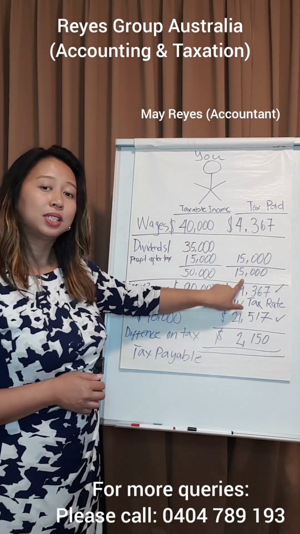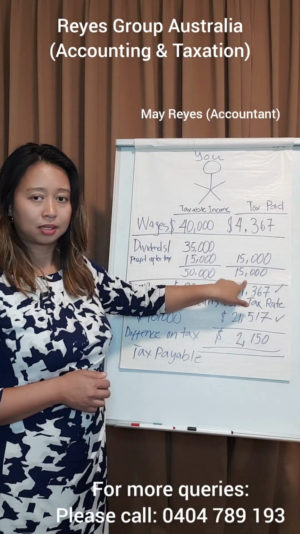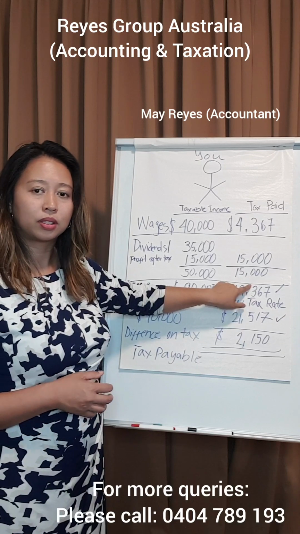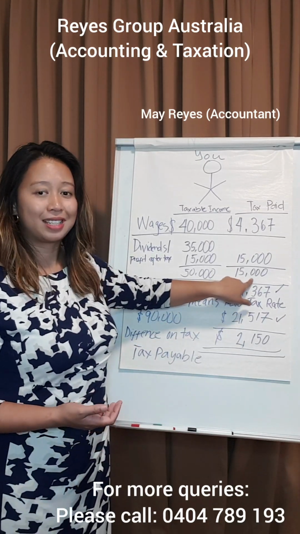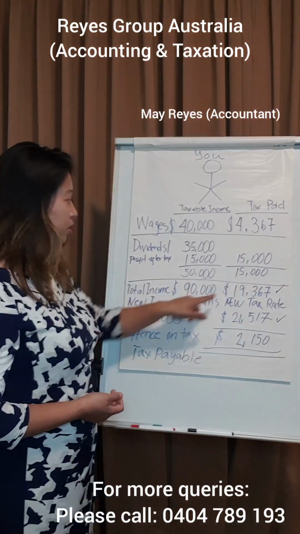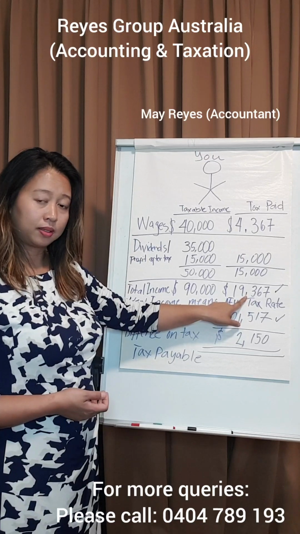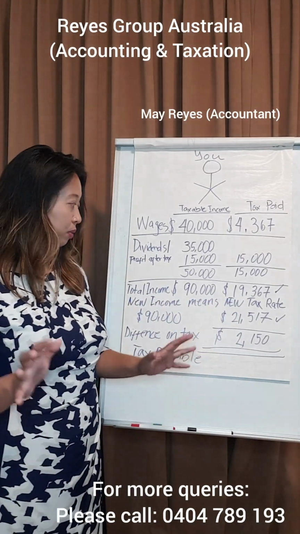Remember, you would like to get the dividends, and those dividends already paid tax, which is the 15,000. That is what other terminology in accounting calls franking credits. So this is the total amount of taxes that you paid, and we all agree with that figure.